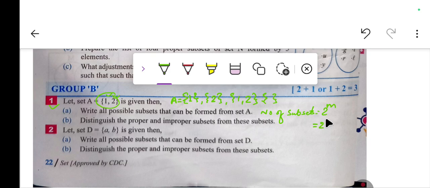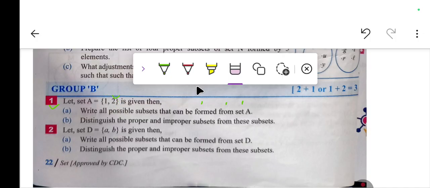So 2 to the power 2, how much will come? 4. So this 4 says that there must be only 4 possible subsets of set A. So this is how question number 1 can be solved. Here the number of subsets is not asked, that is why you don't have to do this process. That is just for your satisfaction.